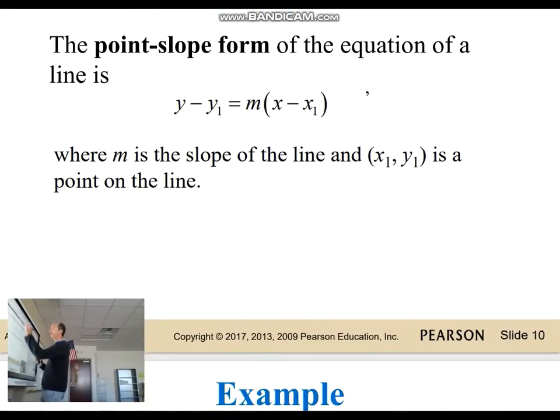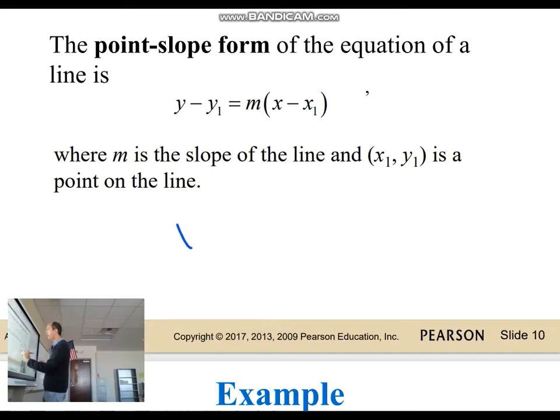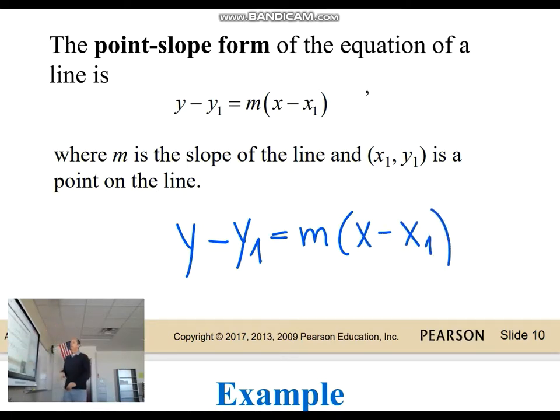Let me write here again so we can remember. y minus y1 equals m times x minus x1. m is the slope of the line, and x1 and y1 are a point on the line. Coordinate x equals x1 and coordinate y equals y1.